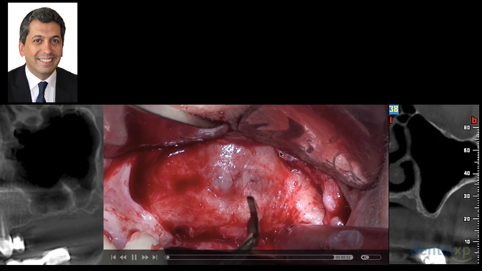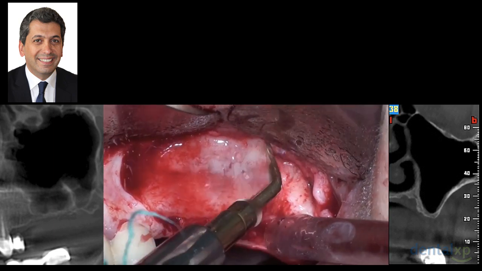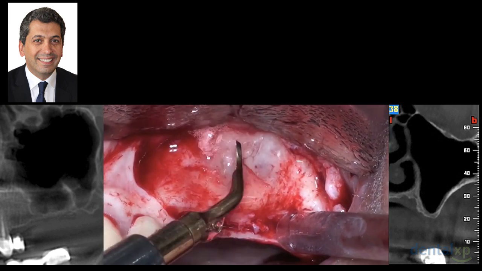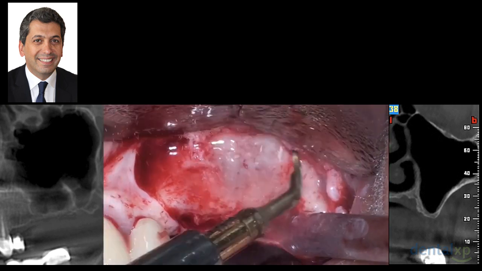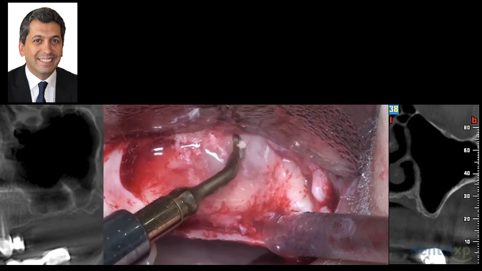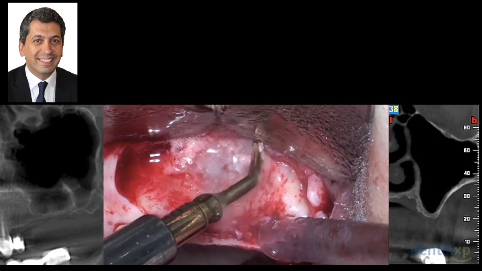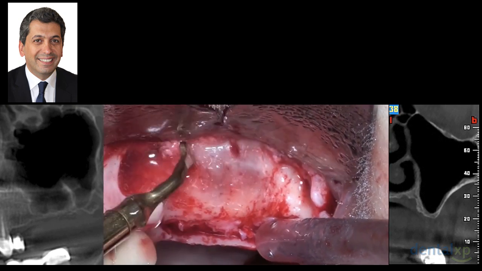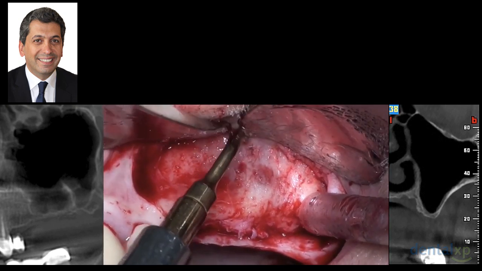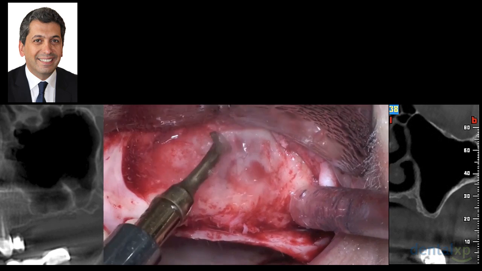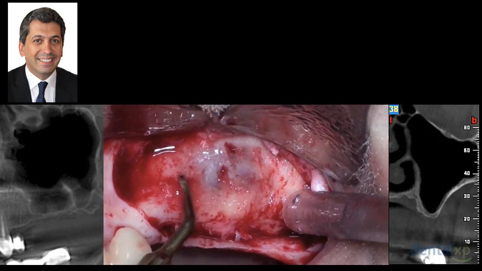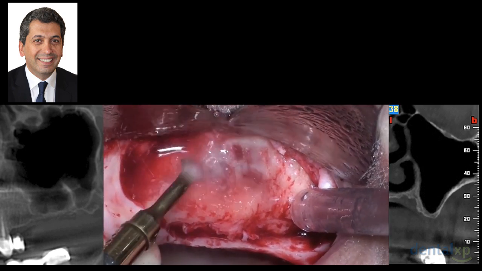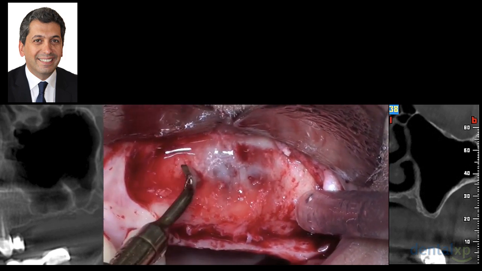Once we've accessed our bone, we start with this insert to do some osteoplasty of the bone. You can see how I'm taking the bone away. We have a lot of bone chips that we can use and incorporate into our graft. We continue with this process until we can judge that our remaining bony buccal plate is thin enough to be easily cut.